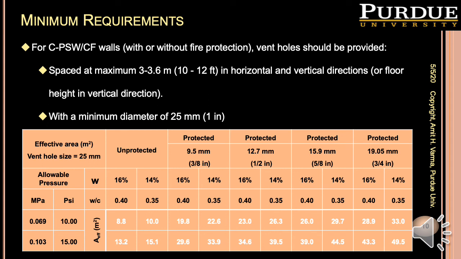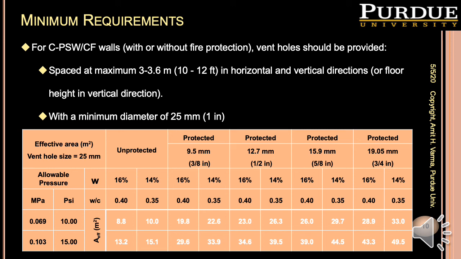Just to give an example, we've put in a table which shows some of the cases that we've considered. Let me explain this table. We are considering two allowable pressures, 10 psi and 15 psi, two water contents, 14% and 16%, and a minimum recommended diameter of 25 mm.